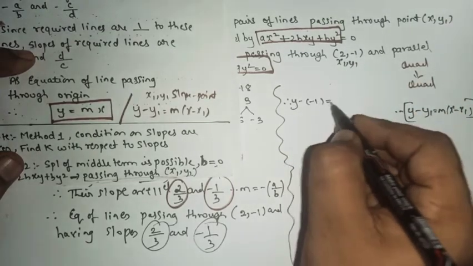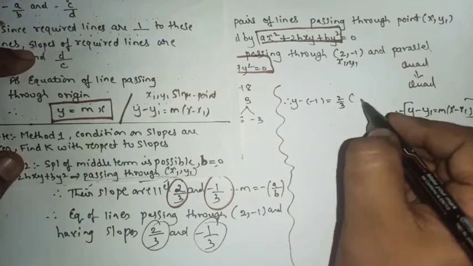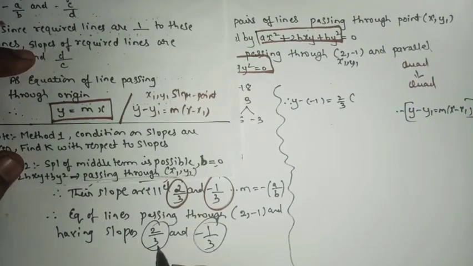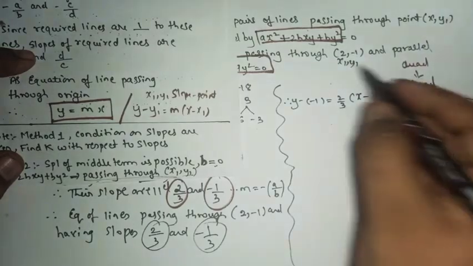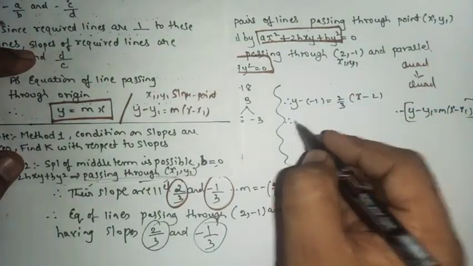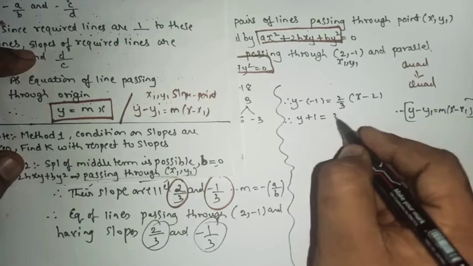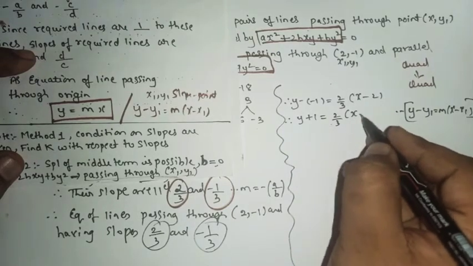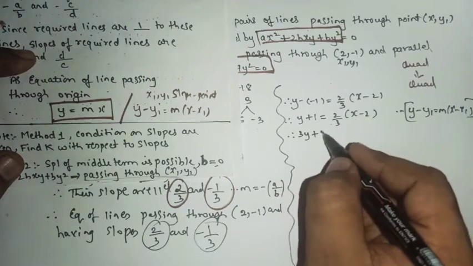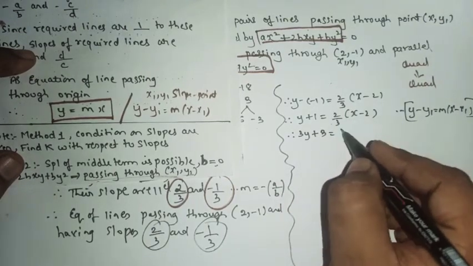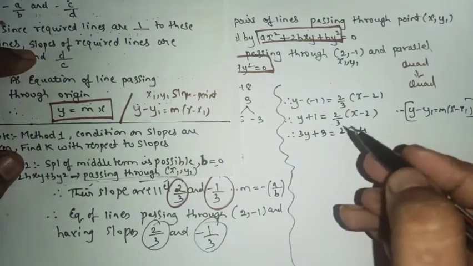So y minus 1 equals 2 by 3, that is m, the slope of the first line, and x minus x1 is what? 2. So this will be y plus 1 equals 2 by 3 times x minus 2, yes or no? Shift, so 3y plus 3 equals 2x minus 4.